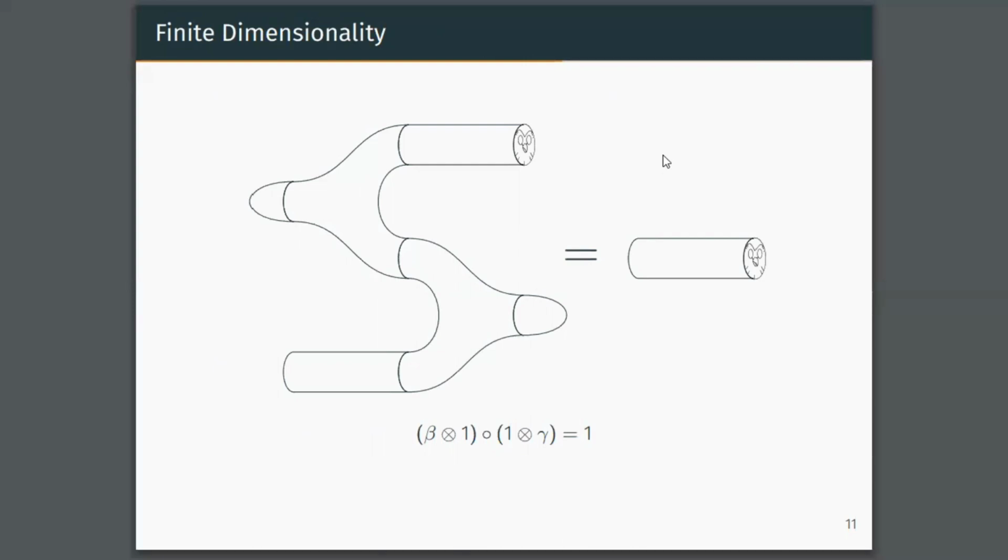Our composition becomes the identity. Yes.